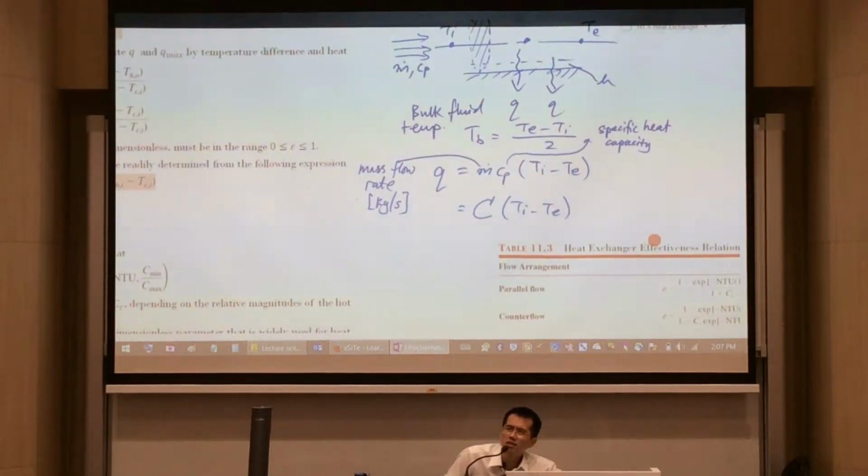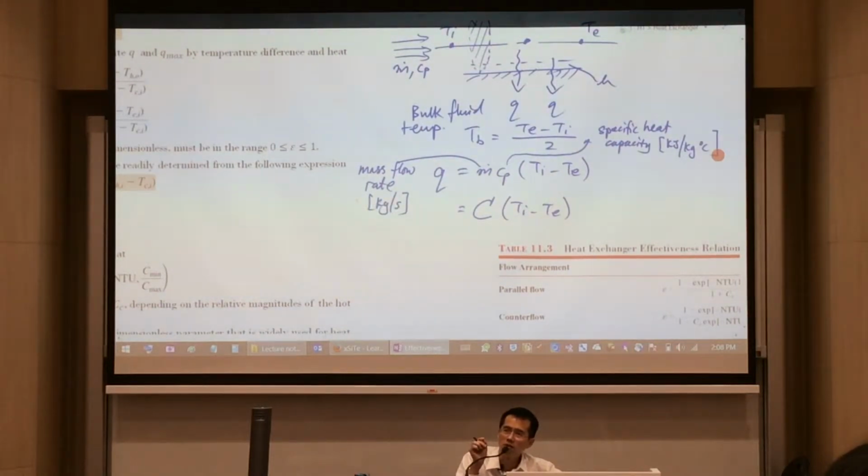And just in case you're wondering, these are just word symbols, but the engineering meaning is, what does it mean? If I were to write a unit, this is kilojoules per kilogram degree Celsius. This sort of unit will tell you something. It tells you a certain fluid property over here, that for this fluid or this material, in order to increase the temperature by 1 degree Celsius for 1 kilogram of that material, how much energy do I need? That is the meaning of specific heat capacity.